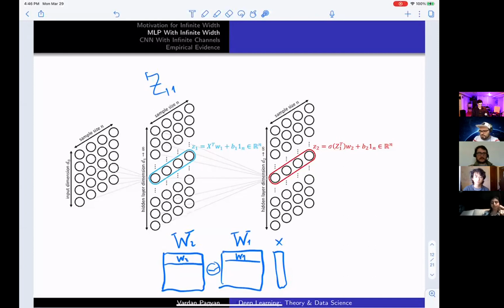So again, just to reiterate, we have X, we apply W1, we get Z1. Now we construct a matrix capital Z1, apply a ReLU on it, multiply by a row from W2, and then we get Z2 after we add the bias. Does anyone else have any questions?